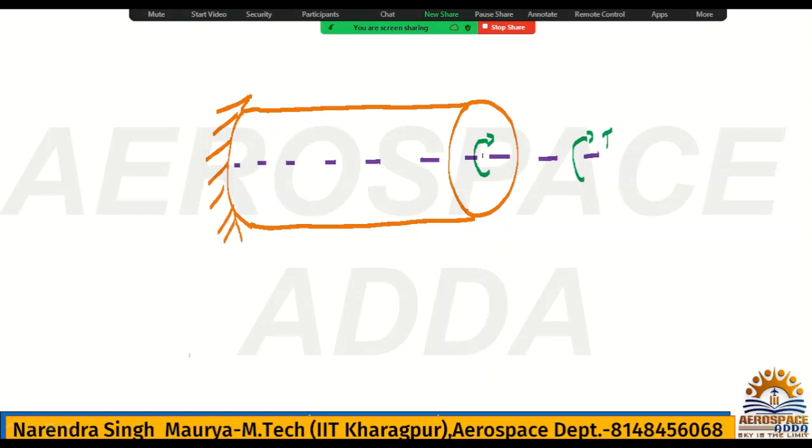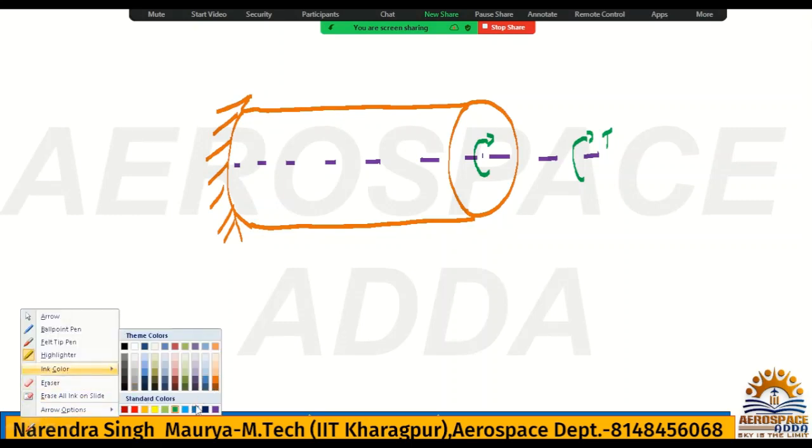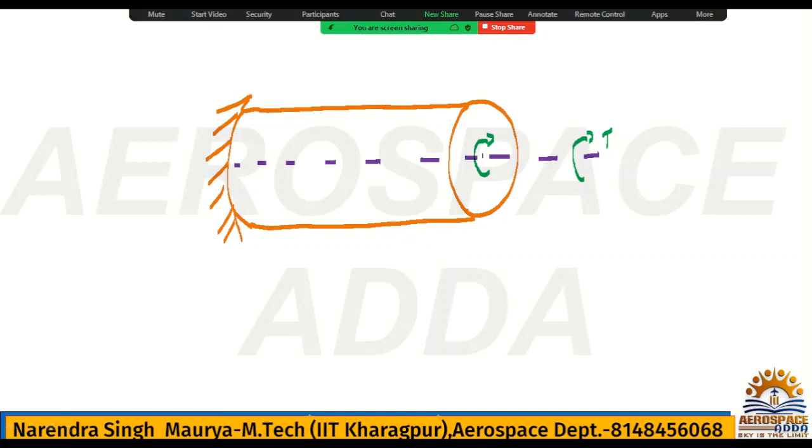If I take 2 points, suppose this is the point, and once you apply torque T here, this point will be shifted to this point. So this is A and this is B. But this end is fixed. Why is it happening? Because of the twisting, because you are applying the twisting moment. So you may have a deformation, and this deformation will be the angular deformation, which is also called the angle of twist.